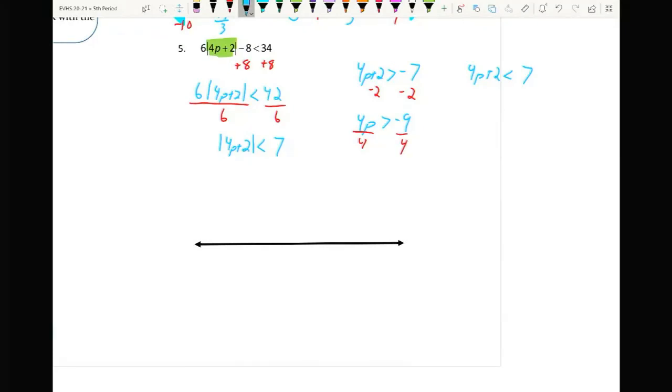Divide by 4, p is greater than negative 2.25. Over here, same steps, subtract 2. Gives me 4p is less than 5. Divide by 4 gives me p is less than 1.25.